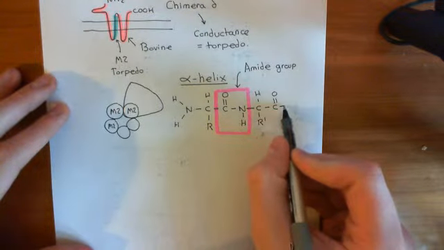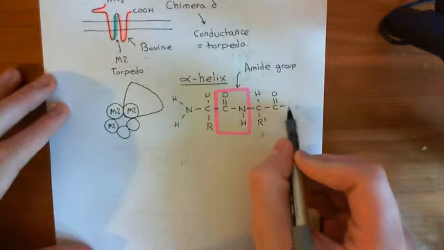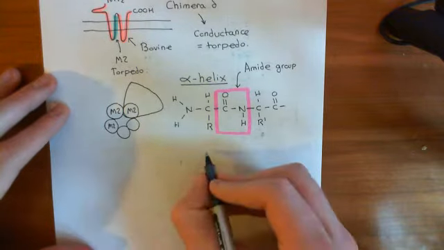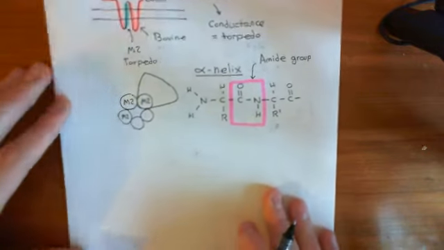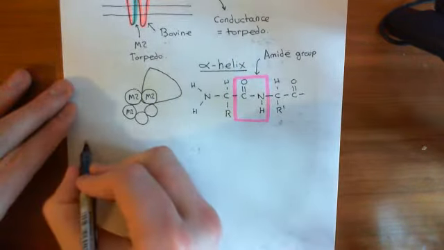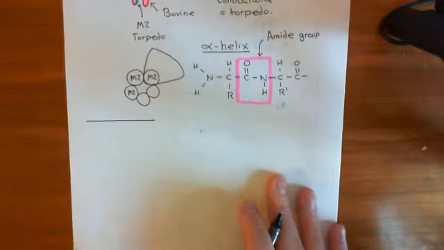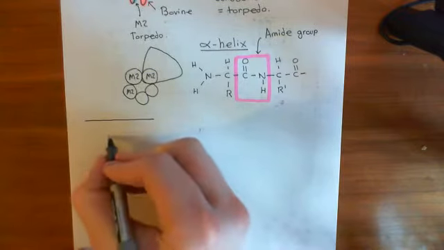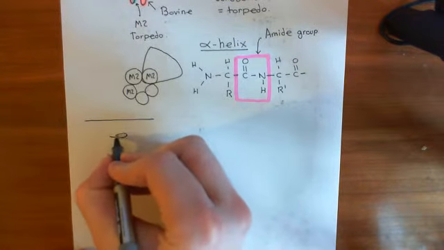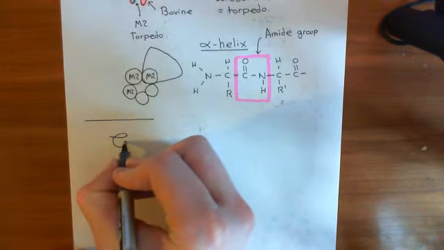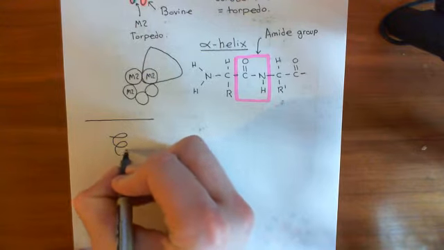Now what can happen is that polypeptide chains, if you have your polypeptide, initially maybe it will be linear like this, but polypeptides can assemble into spring-like structures. So imagine a spring, basically.